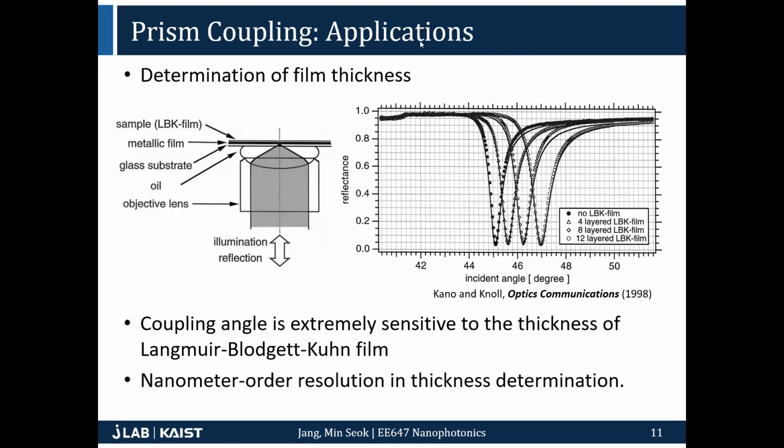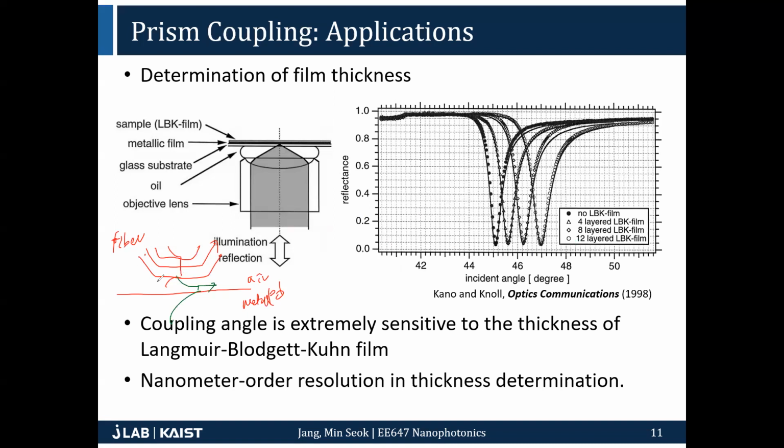For instance, if you have a high index fiber, and then you have a metal air interface, what you want to do is use the fiber propagating mode, the high index mode, to excite surface plasmons at the air metal interface.